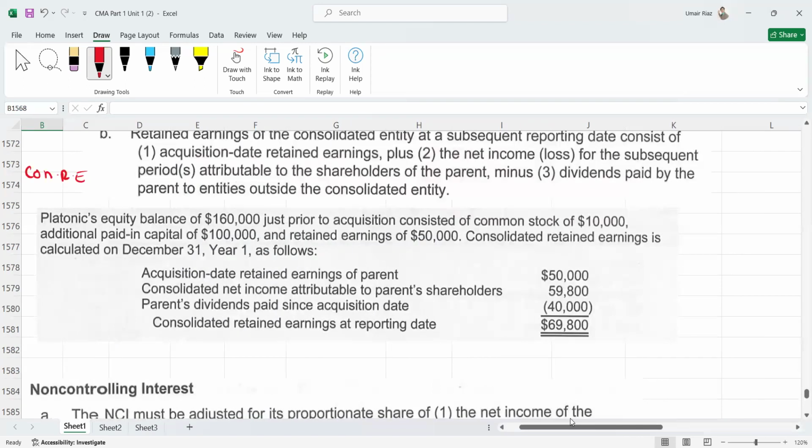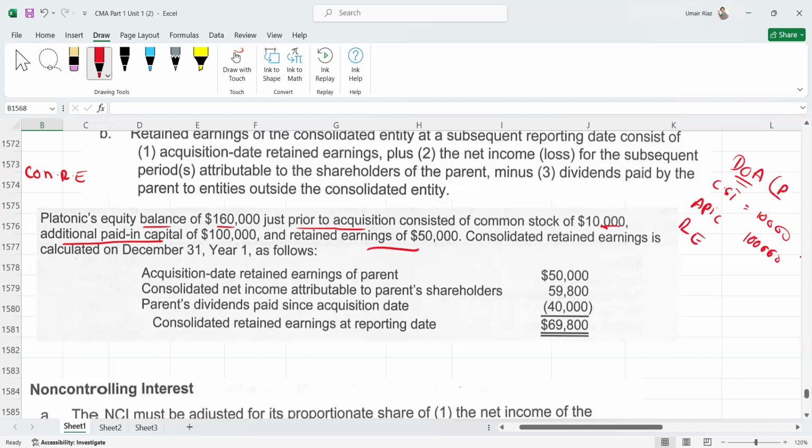Here we have an example. For example, P's equity balance. This is the parent's, because subsidiaries' equity balances are eliminated. P's equity balance of 160,000 just prior to acquisition consists of common stock 10,000 at the date of acquisition, then additional paid in capital of 100,000, and then retained earnings, which is the parent's, of 50,000.